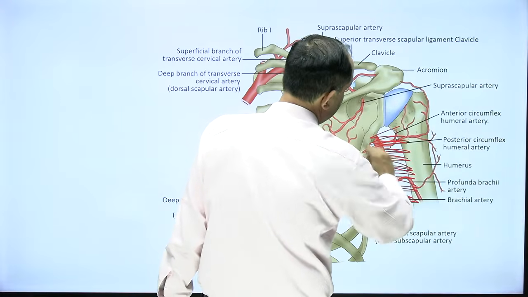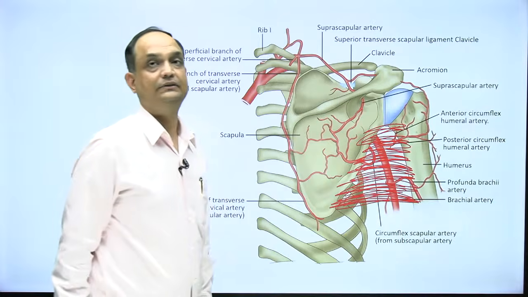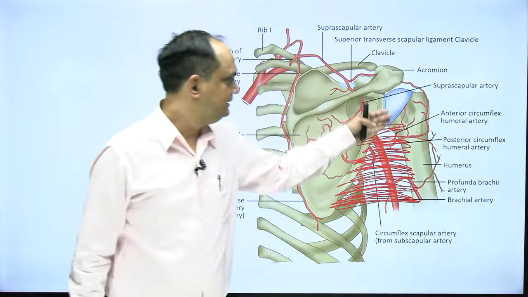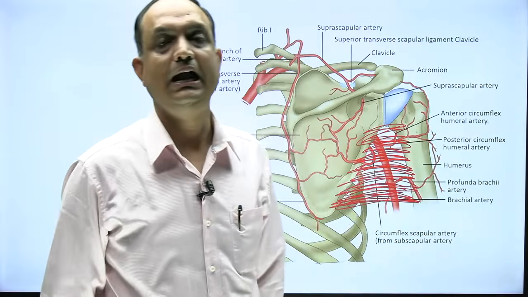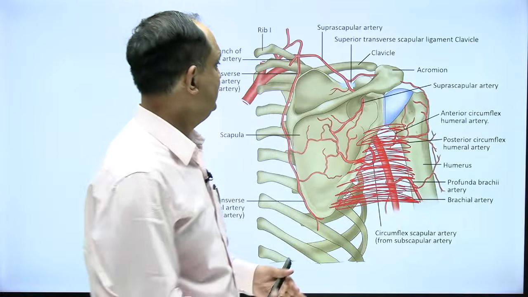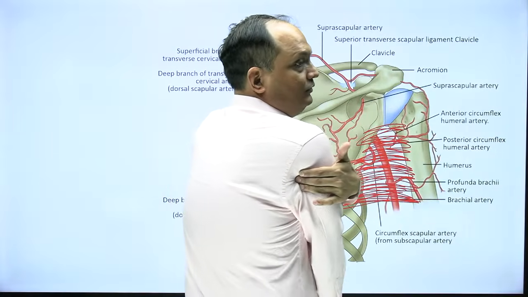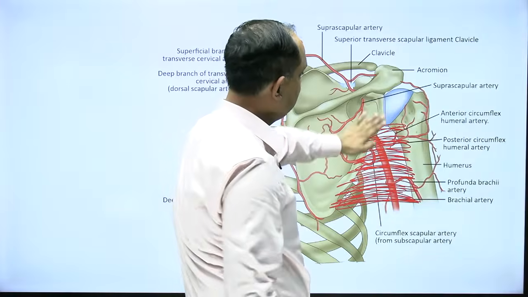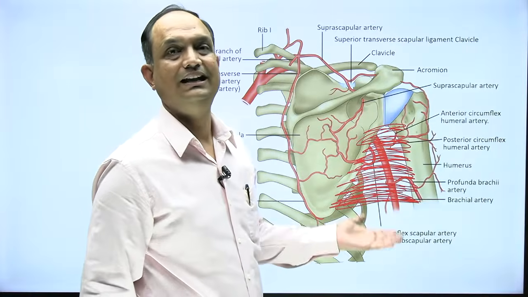There are three muscles which fill this gap and form the posterior axillary fold: subscapularis, teres major, and latissimus dorsi. So dear students, keep in mind that posteriorly you are not able to see the artery, because there is a thick layer of muscles on which the artery lies.